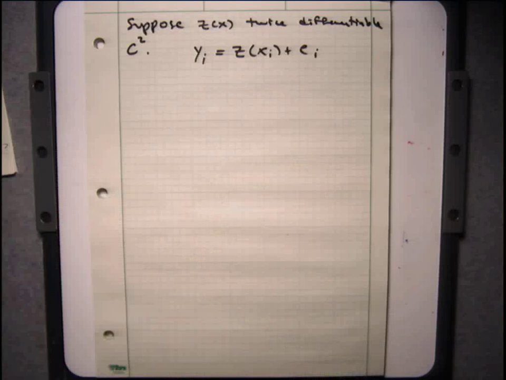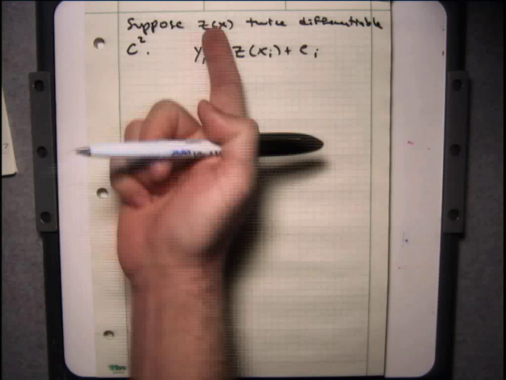Okay, so clearly the more samples you have, the smaller you can make the mean squared error between the reconstruction and the actual underlying function z of x.